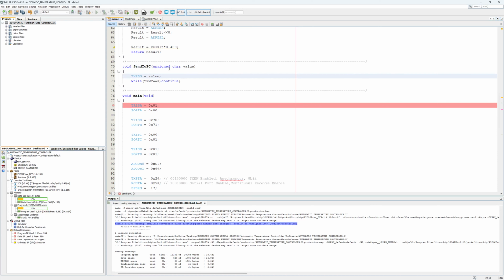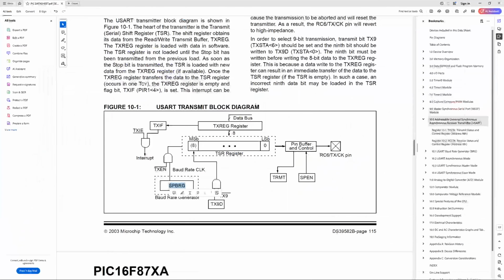The argument type is unsigned char, and the name is value. So value will receive the character, and the TXREG register will be written with that value. You already know what is the TXREG register, right? TXREG is the register which receives the value from the microcontroller.